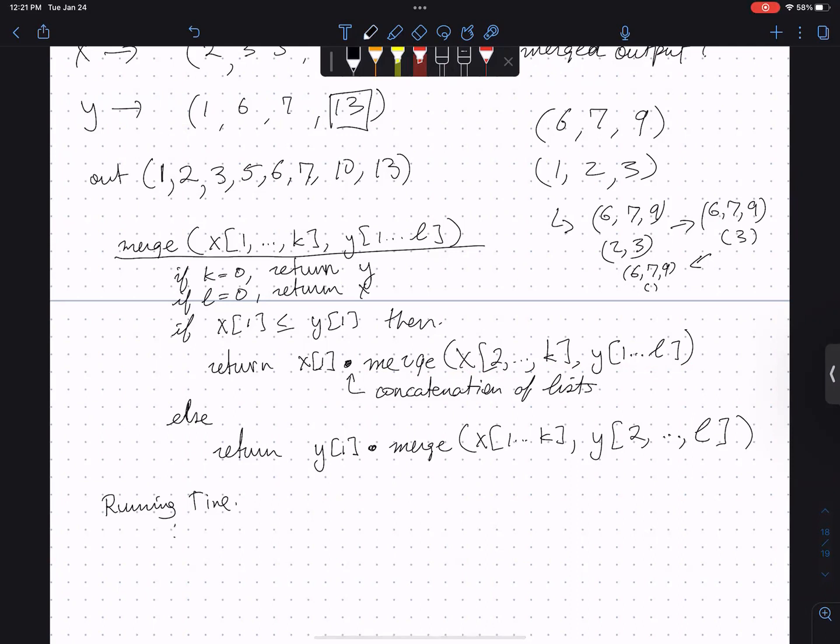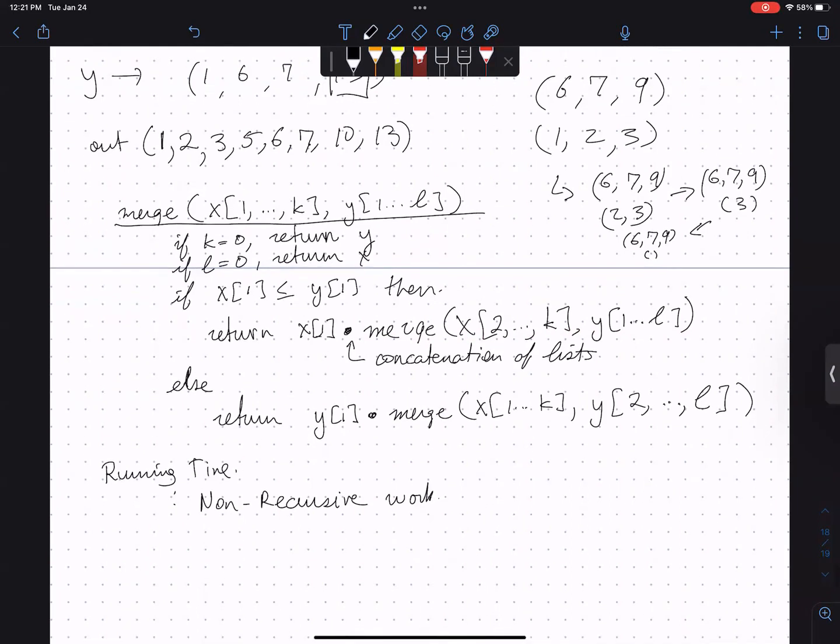So the non-recursive work is basically constant work, okay?